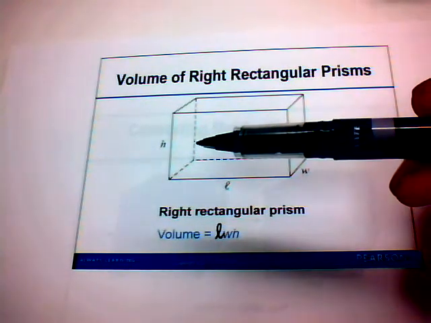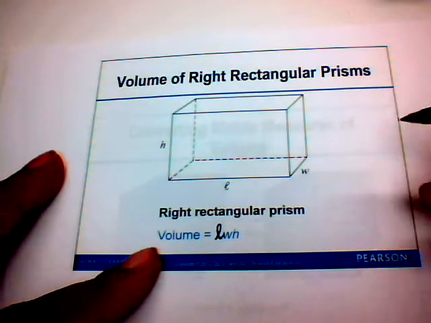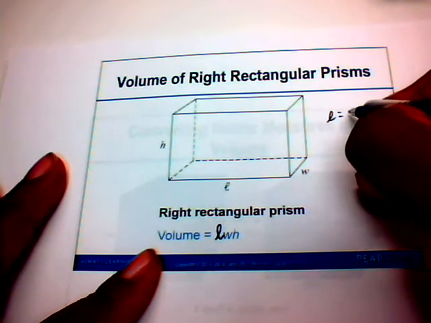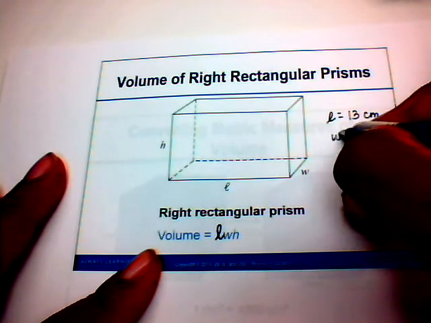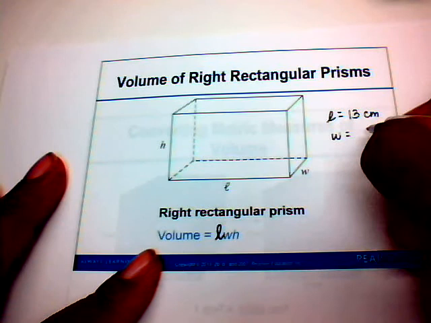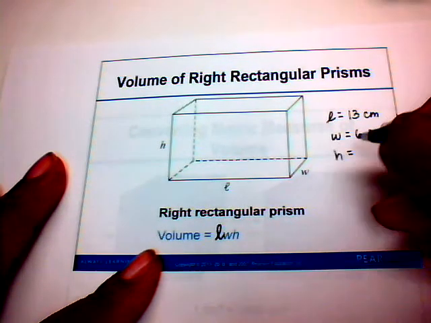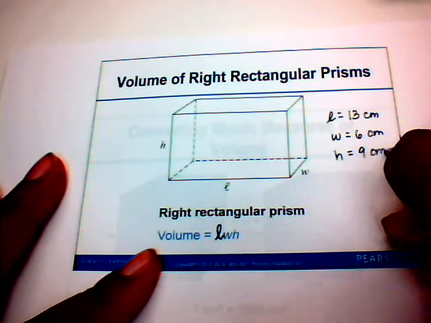So let's say, and I'll start off with a simple one, that the length of this rectangular prism is 13 centimeters. The width is going to be 6 centimeters, and the height is going to be 9 centimeters.